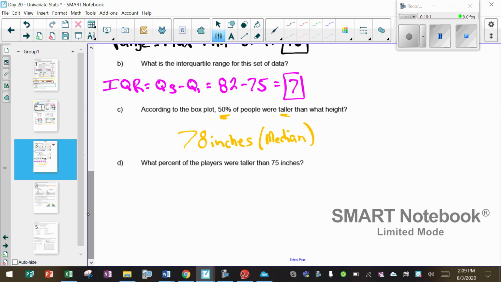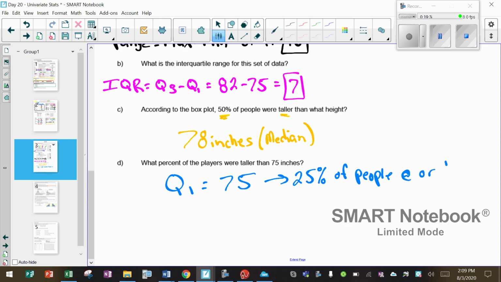Now, percentile scores measure the percentage of people at or below a certain value. So if Q1 is at 75, that means that 25% of players or people are at or below 75 inches.